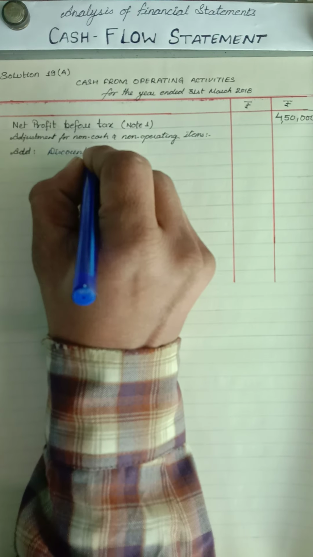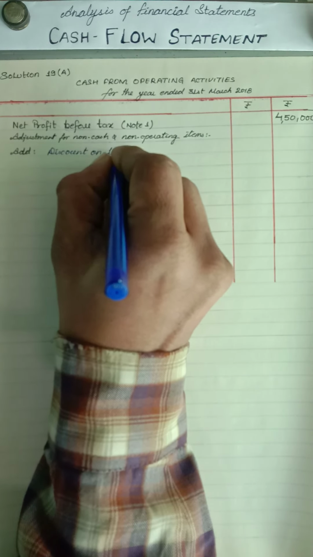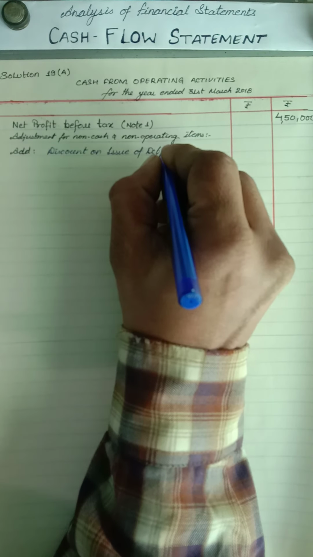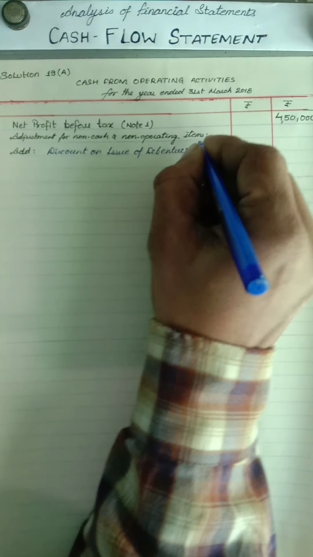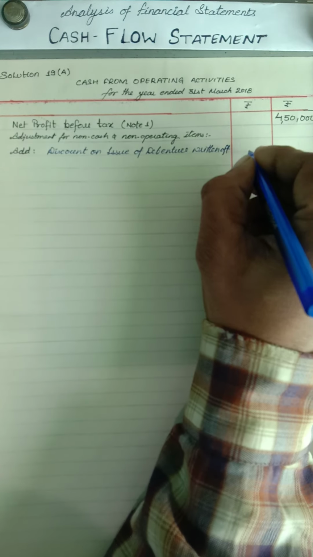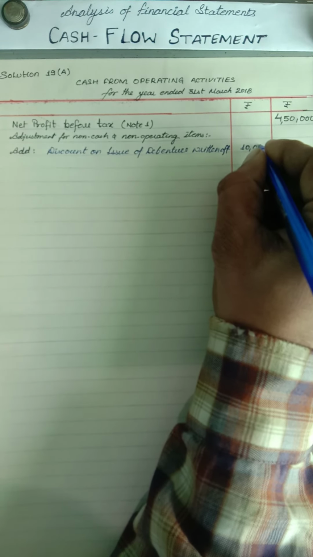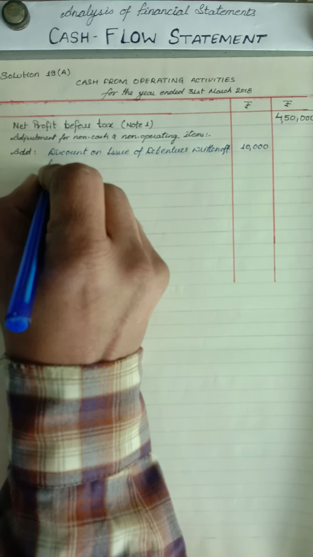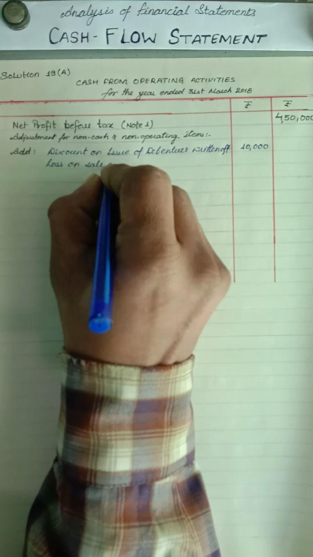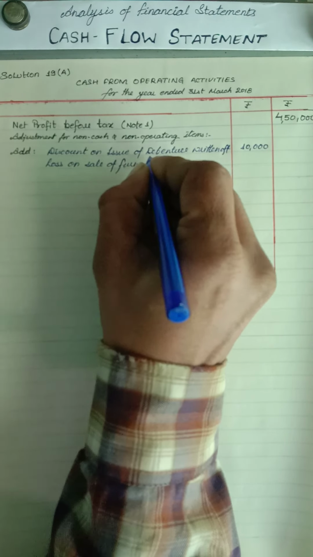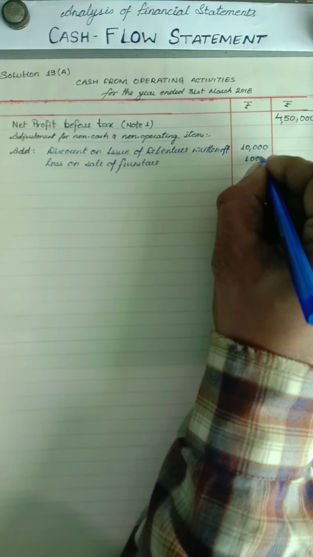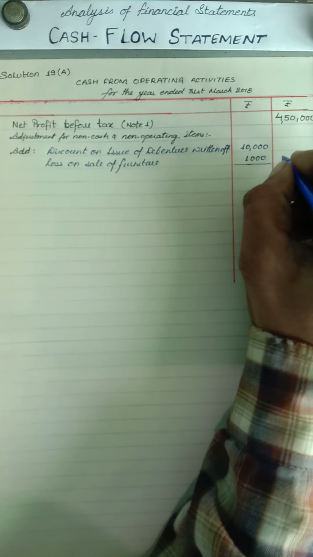Discount on issue of debentures written off, how much is it? It is the given 10,000 rupees. And loss on sale of furniture is another thing given, it is your 1,000 rupees. So if we add this, it is your 11,000 rupees.